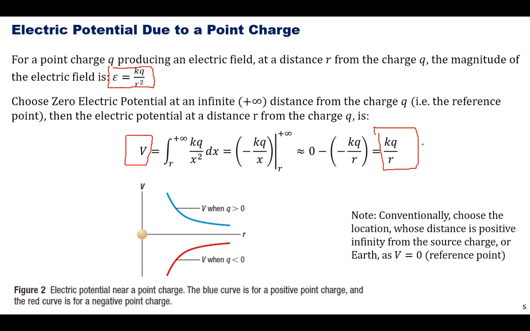We have already proved this here. Then, if we place a positive test charge nearby, both the source and test charge are positive, so they repel one another, and the test charge experiences a force that carries it downhill and away from the origin along the blue potential curve, as shown here in this figure.